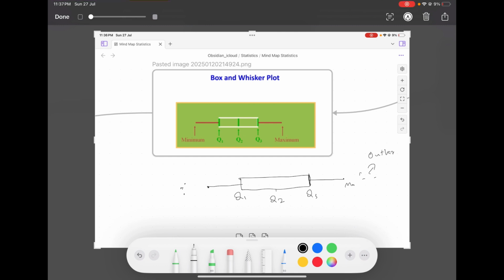That means you get an idea about the data. In some cases you can omit these outliers and then collect the other data. So this is all about the quartiles.